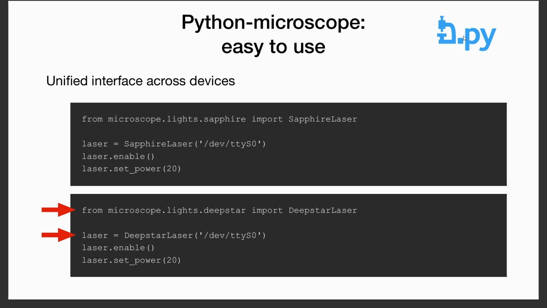The interface is homogeneous across all devices. If you want to use a Deepstar laser, the code is exactly the same. The same is true for cameras. All cameras have the same functions to access the different properties of the camera.